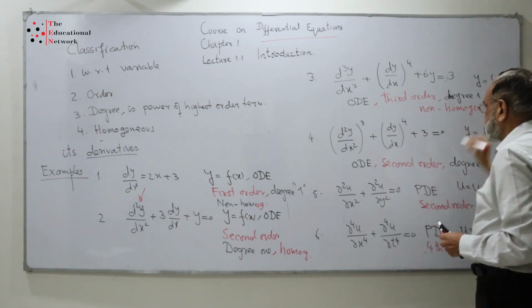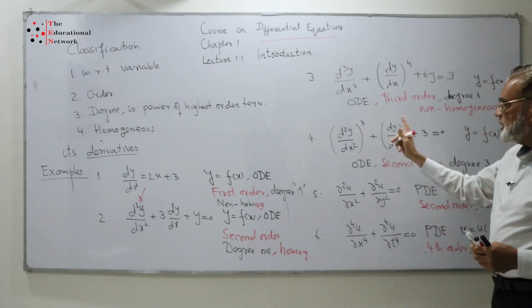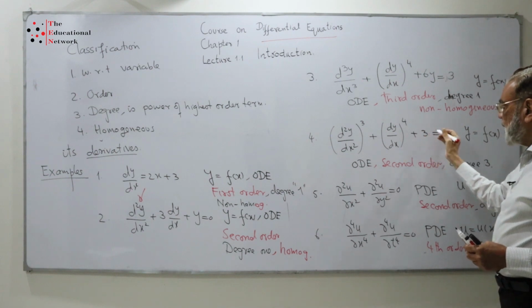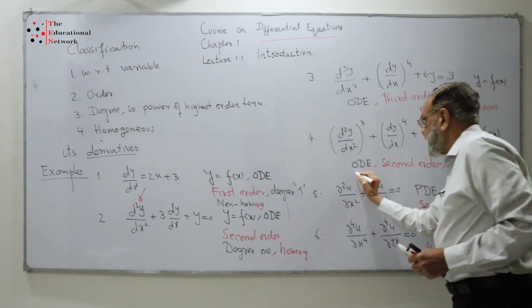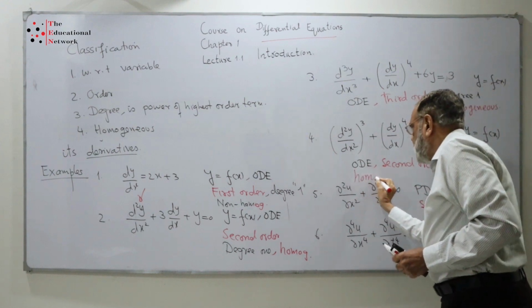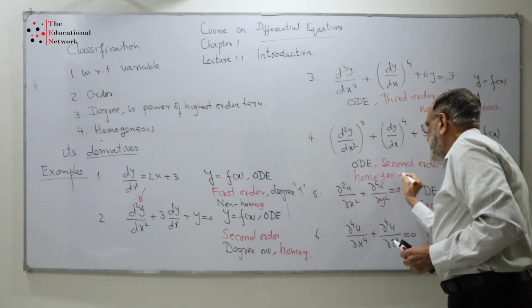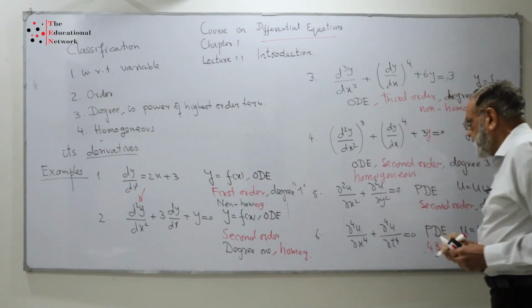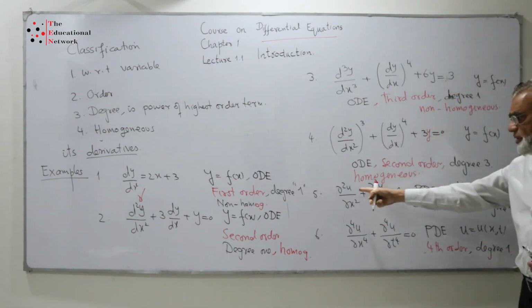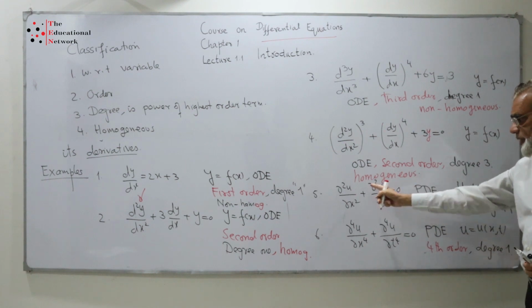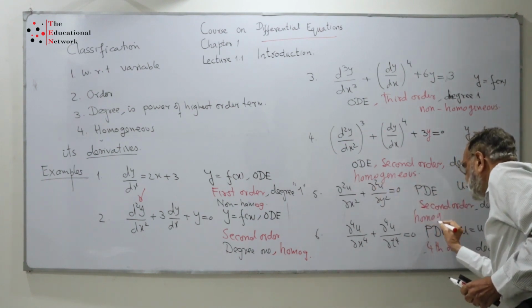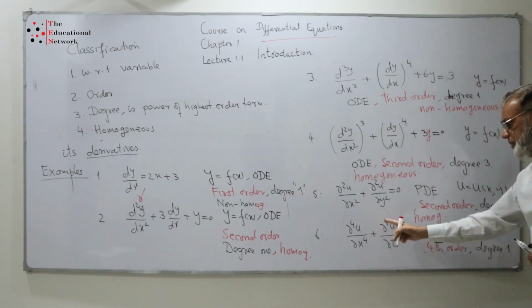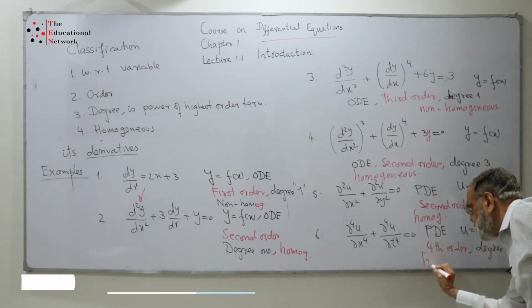Look at this one, y is present here, here, and here, so it is a homogeneous differential equation. Here u is the dependent variable and is present in both terms, so this one is homogeneous.